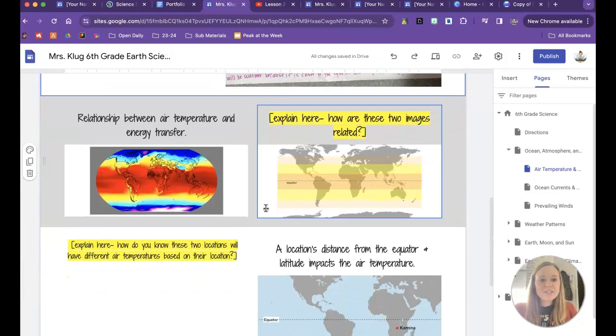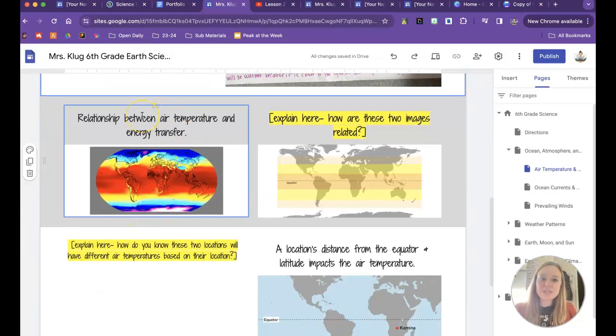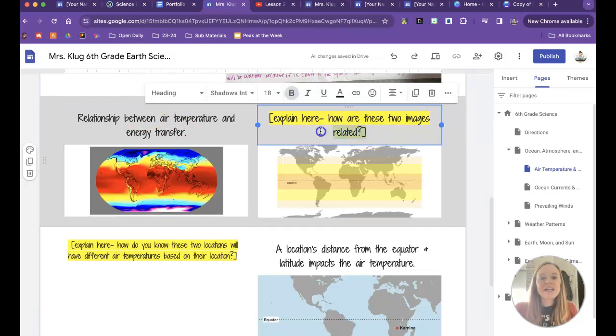So I can move on to the next section, which talks about the relationship between air temperature and energy transfer. And I can remember that during class, Ms. Klug was saying how we were talking about this relationship, and so I can write about that here.